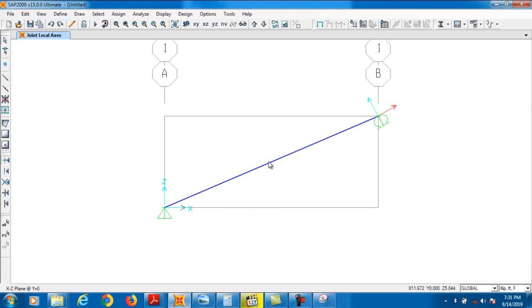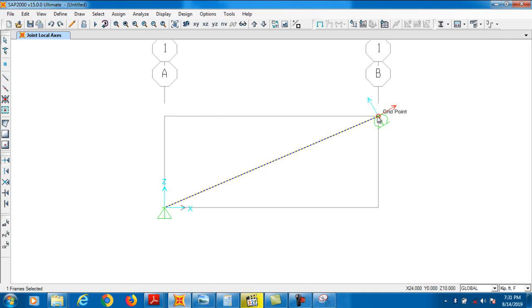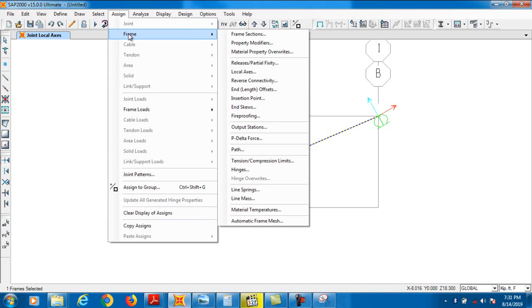Now if we assign the local axis to this, at the first instant, once you select the joint, you select the joint option. Now we will be assigning the local axis of a line element, so therefore you will select frame, and in frame you will select local axis. Clear?